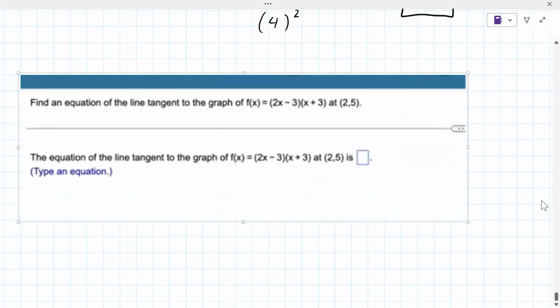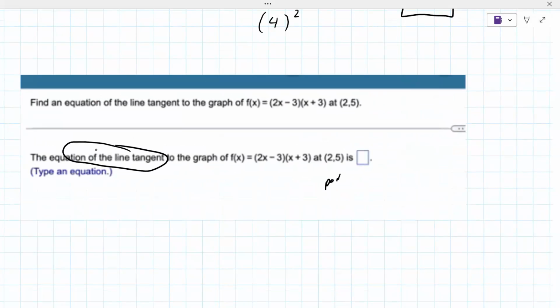Find the equation of the tangent line to the graph of f of x equals 2x minus 3. So again, tangent lines require you to have a point, which you have, and a slope, which you do not have, but you can get through nDeriv. So I want you to put this in your calculator, nDeriv, and then it's at x equals 2.